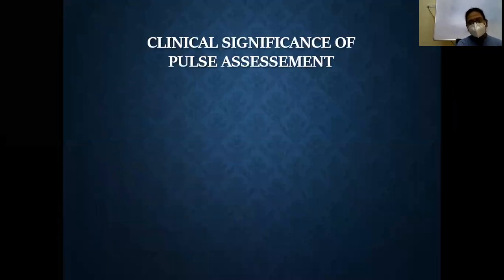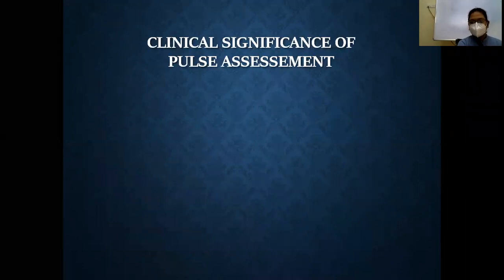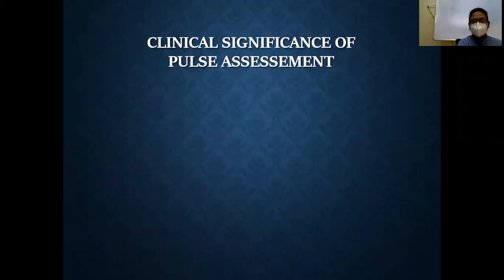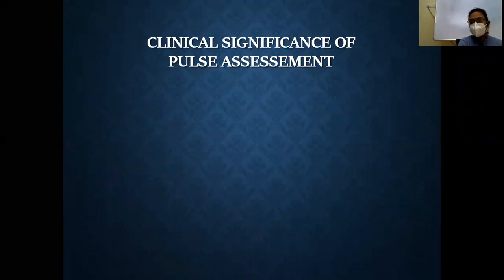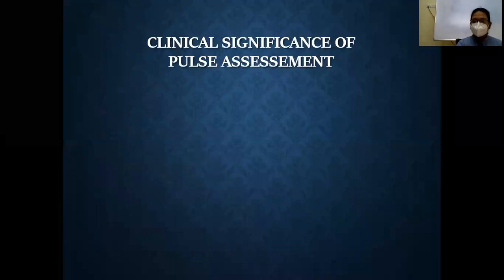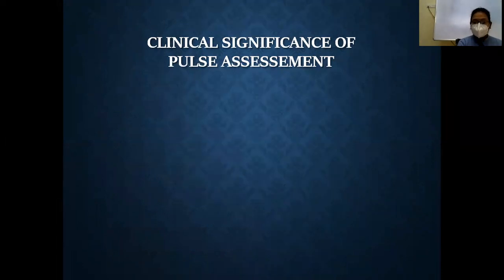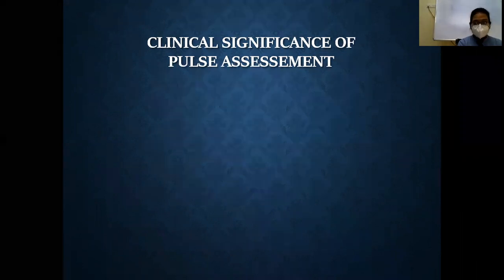So why do we actually go for pulse assessment? What is the significance of pulse? Especially in case of emergencies, if you want to assess a patient who has met with an accident, the first thing we look for is whether the pulse is present or not, and if it is present, what are the characteristics of that pulse?